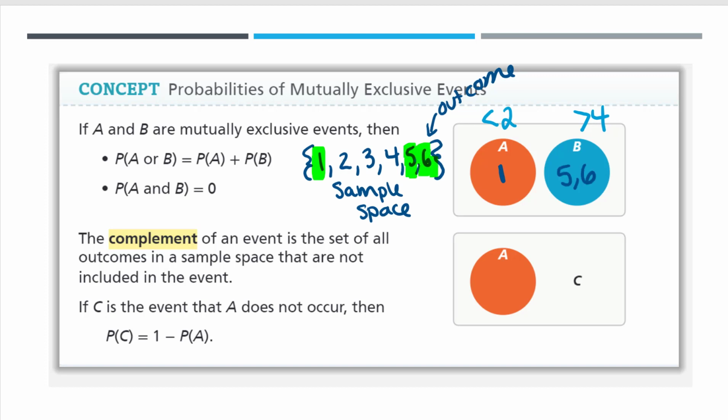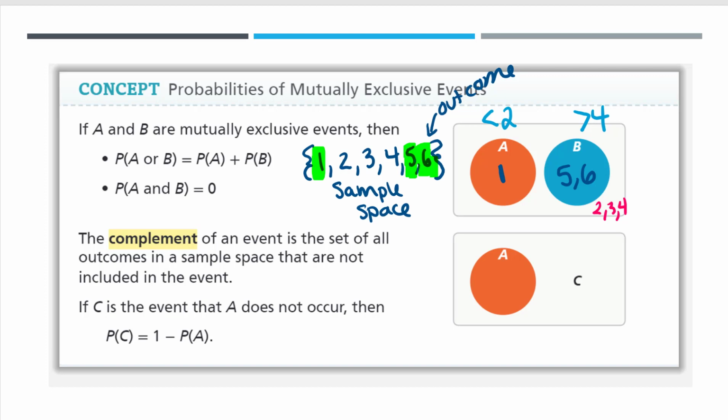Now in our Venn diagram, we would take the numbers that are in our sample space but not included in the events, and we'd leave them in this rectangle that's outside of our circles. So 2, 3, and 4. The entire Venn diagram is the rectangle with the circles, and it shows our complete sample space.